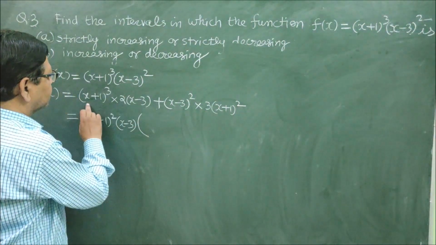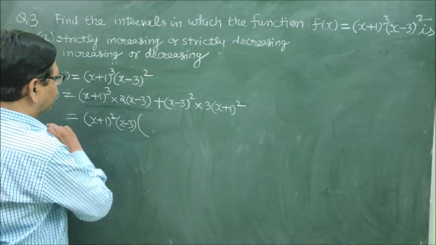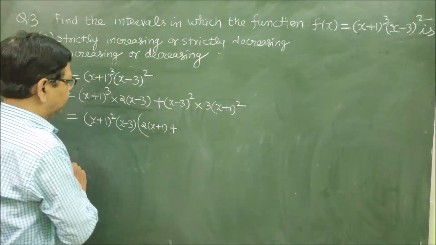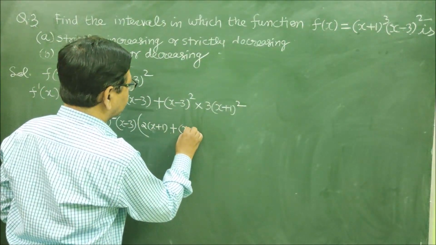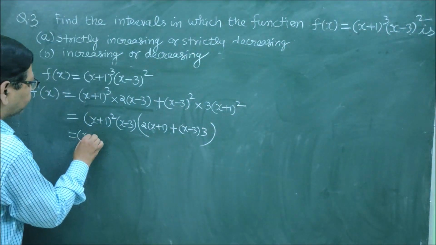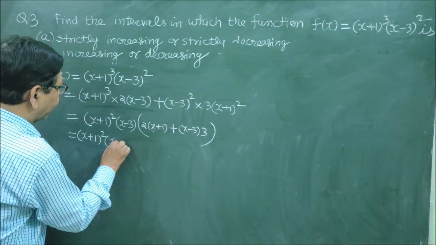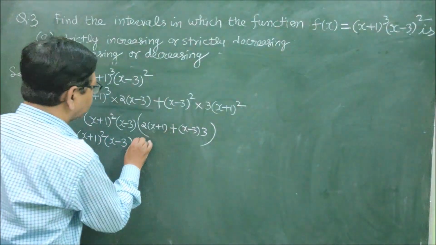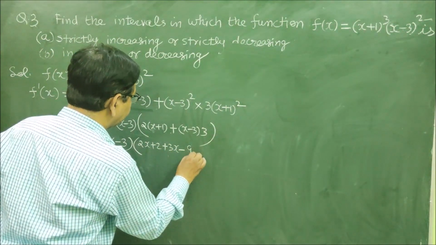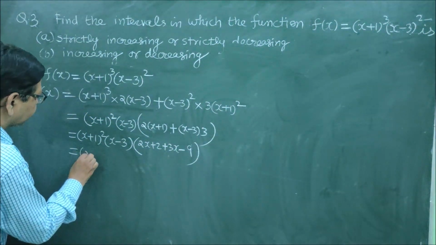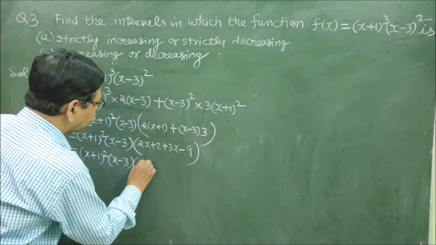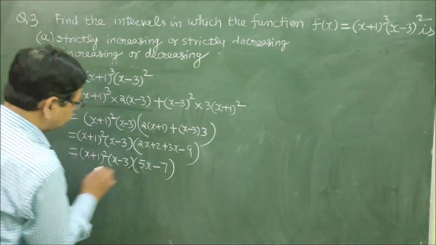Then in the first term 2 into (x plus 1) plus (x minus 3) into 3, which is equal to (x plus 1) whole square into (x minus 3) into 2x plus 2 plus 3x minus 9, which is equal to (x plus 1) whole square into (x minus 3) into (5x minus 7).